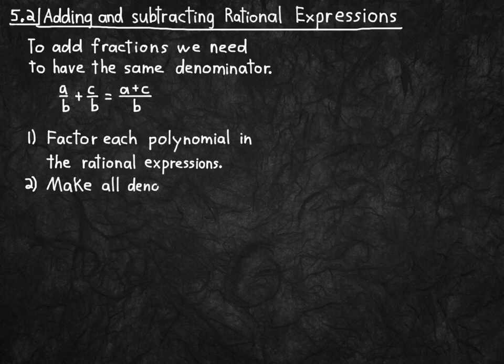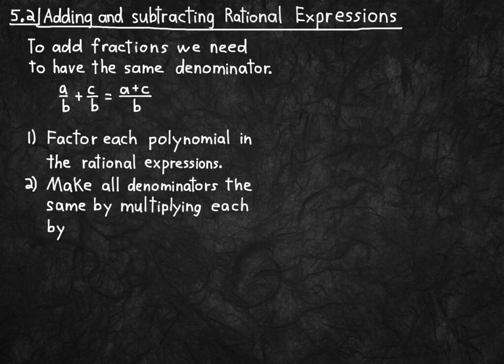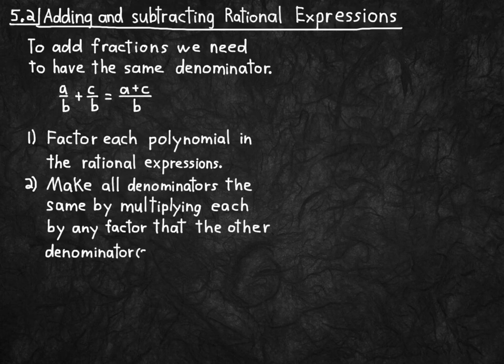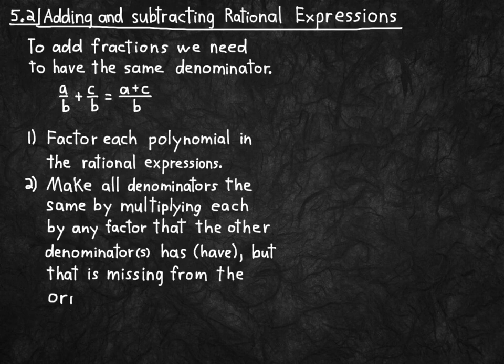And second, you make all the denominators the same by multiplying each by any factor that the other denominator has, but that is missing from the original denominator. Okay, that'll make a lot more sense once we give you some examples.